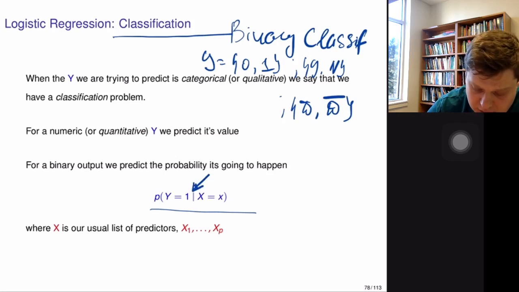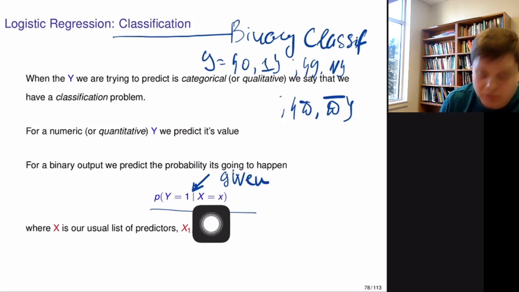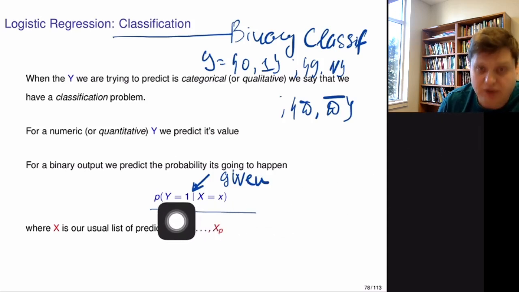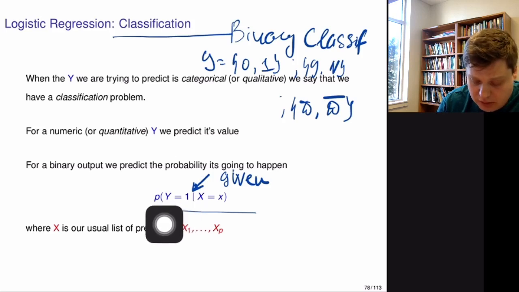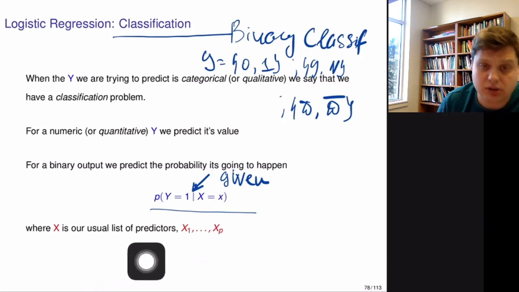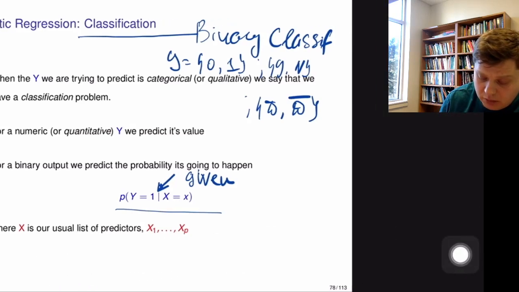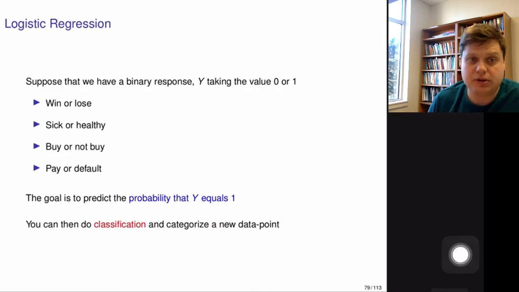This bar stands for given, meaning that what we have on the right of the bar is given to us. We know the value of x, and what we have on the left is the probability we calculate. So we calculate the probability y equals 1 given x equals x, and as usual we have p predictors that we are trying to condition on and generate the prediction.